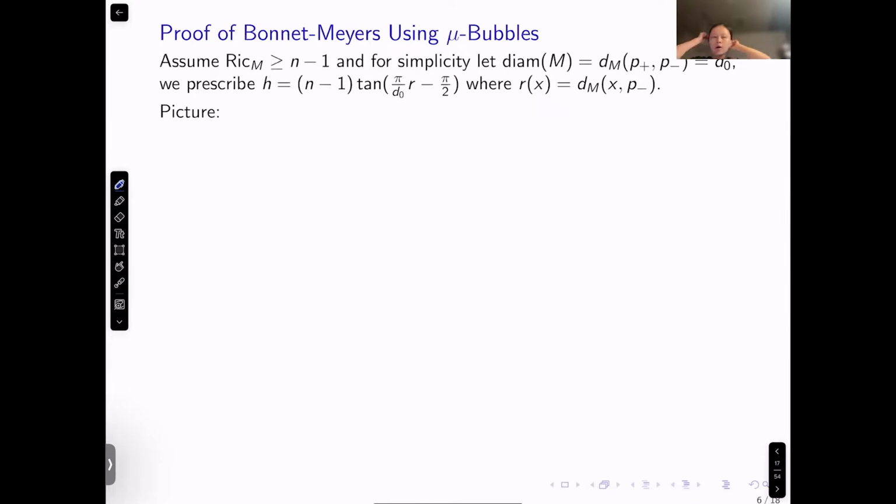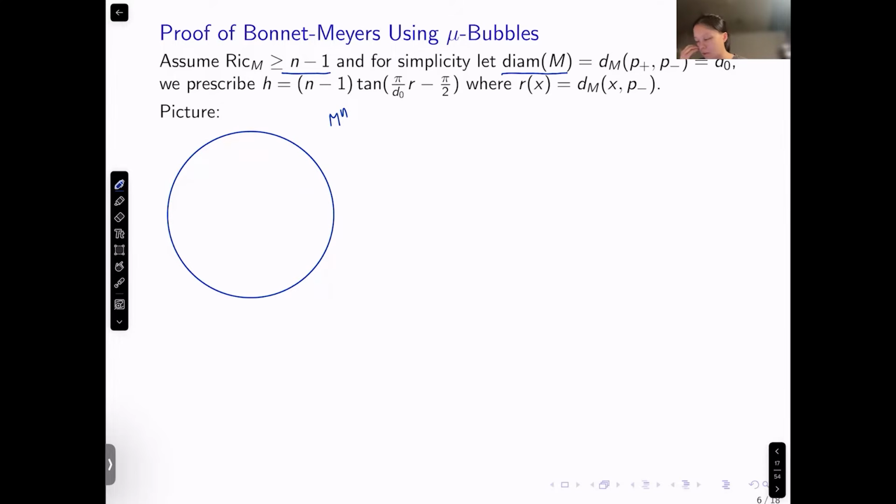Now, to get a better understanding of mu bubbles, I guess one of the most trivial things you can prove using them is the Bonnet-Myers theorem, and it gives you a good understanding of how mu bubbles work. So now I have a manifold with Ricci lower bound n-1, and I want to prove that the diameter d0 is bounded by pi.